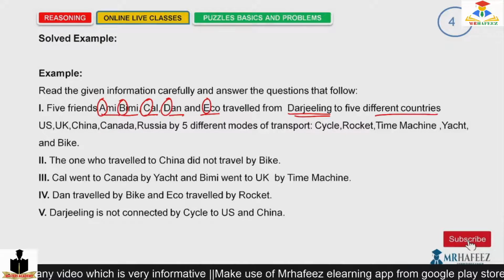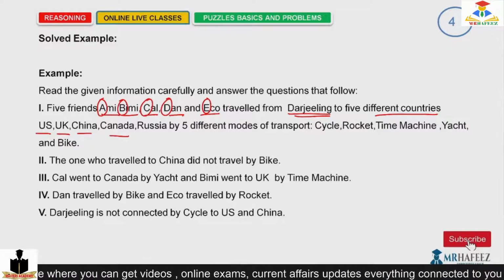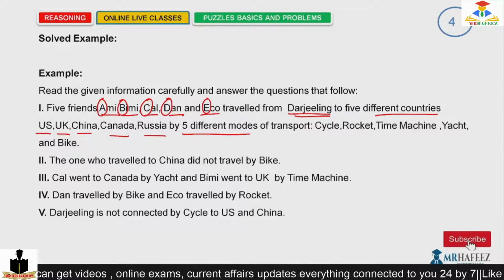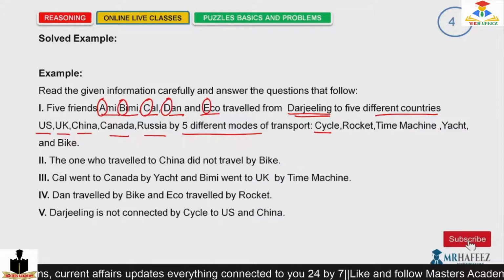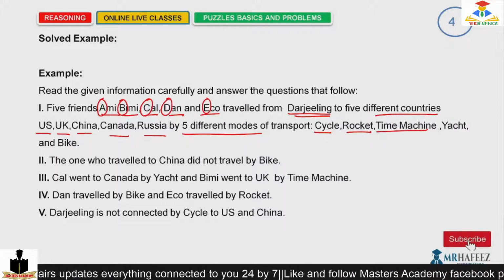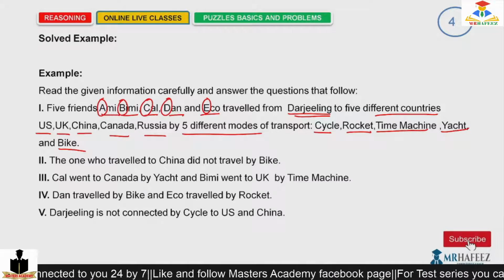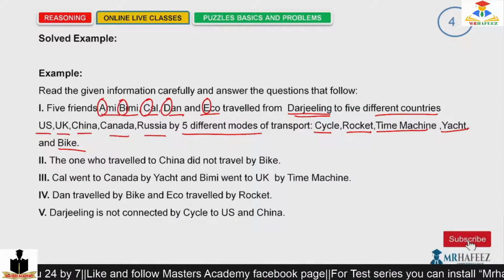So the basic idea here is that from Darjeeling they are moving to different countries. So 5 friends, 5 different countries: US, UK, China, Canada, Russia. And 5 different modes of transport: cycling, rocket, time machine, yacht, bike. So these are the things which you have to know.